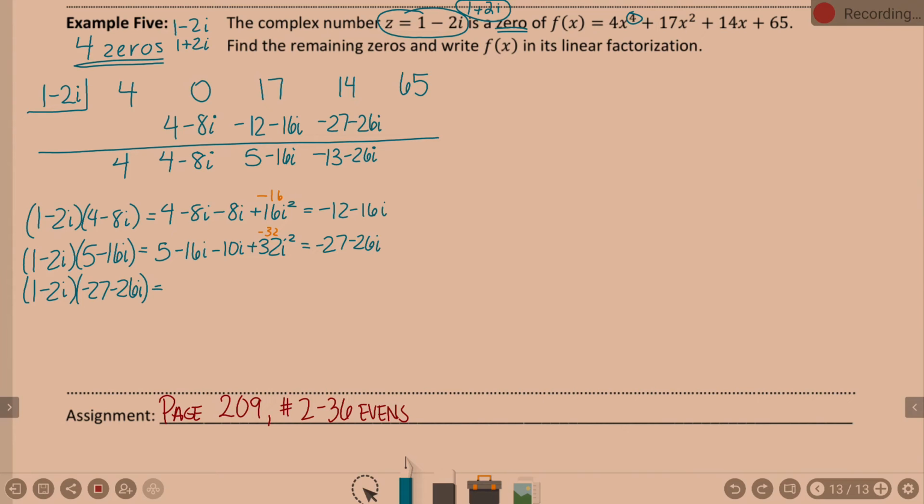So I'm multiplying 1 minus 2i times negative 13 minus 26i, correct? Okay. 1 times negative 13. 1 times negative 26i. Negative 2i times negative 13. Negative 2i times negative 26i.